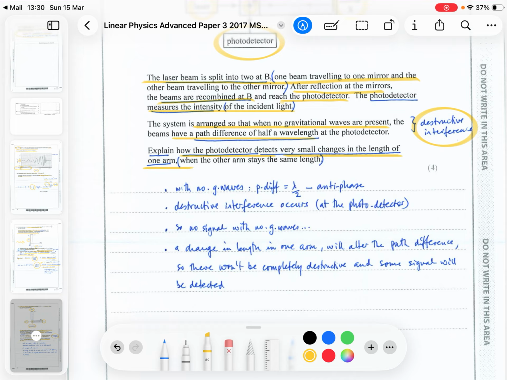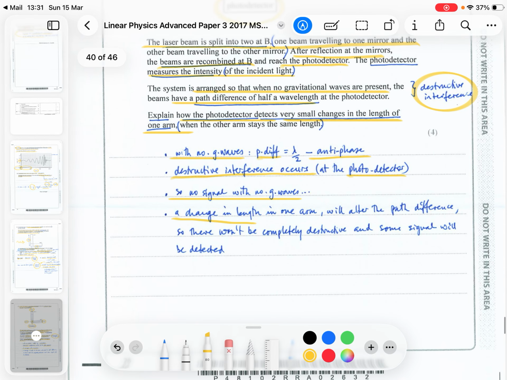So, with no gravitational waves, the path difference is half a wavelength, antiphase. So you have destructive interference occurring at the detector. So no signal is the normal with no gravitational waves. A change in the length of one of the arms will alter the path difference.